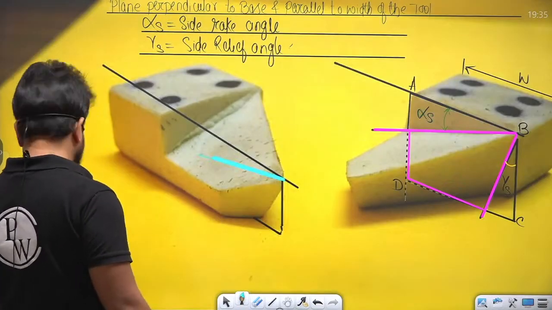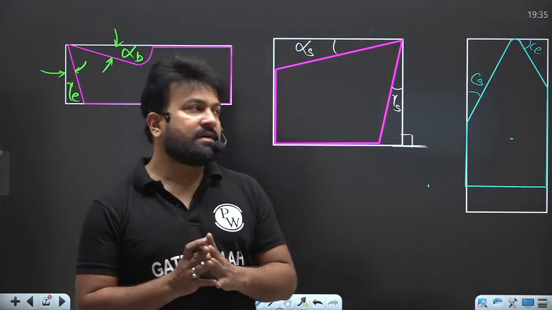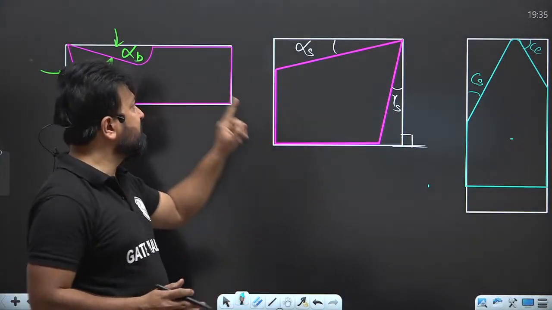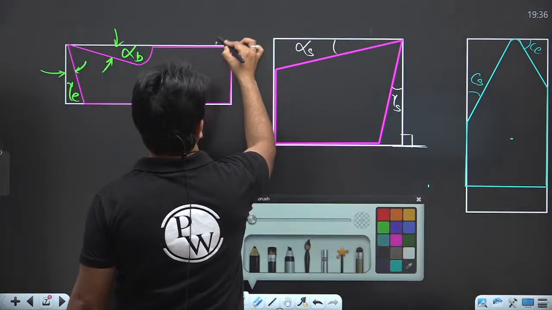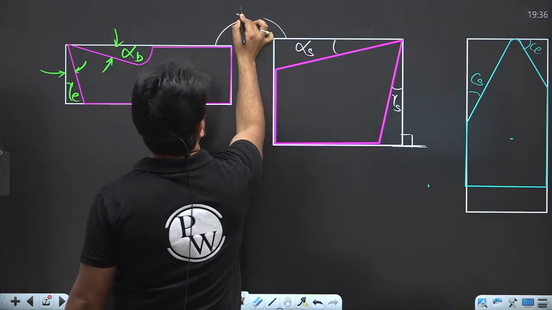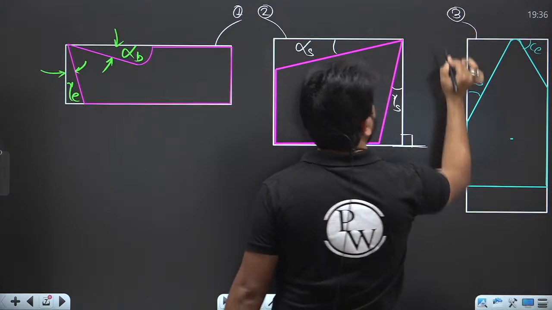Now you understand this summary, my dear. These are the planes: this is plane number one, plane number two, and this is plane number three.